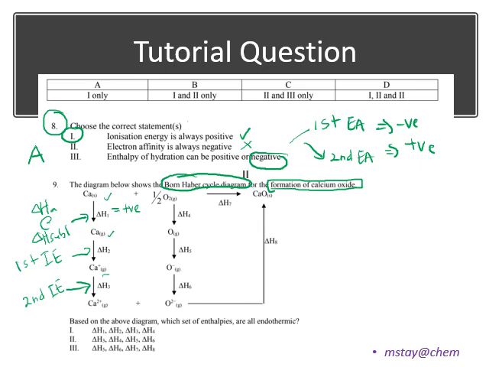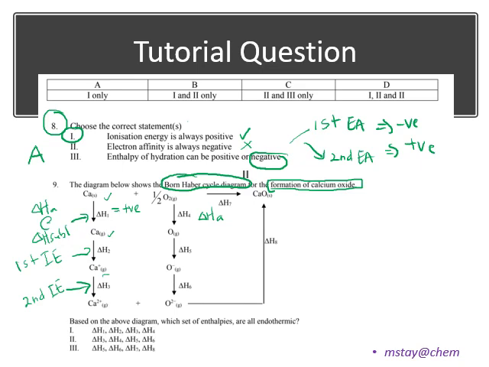Next one, delta H4, the gaseous oxygen molecule forms gaseous atoms. Again, this is enthalpy of atomization, but this time we will not say enthalpy of sublimation because the physical state is not changing from solid to gas.